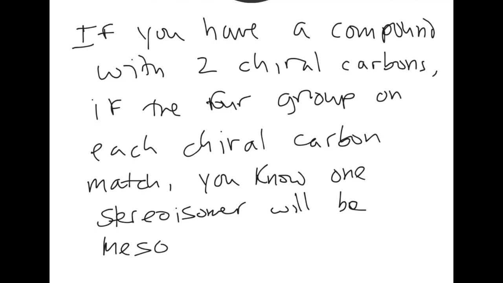So if you look at a molecule and you're like, I have two chiral carbons and the four groups on each chiral carbon are the same, then you'll know you have a meso compound.